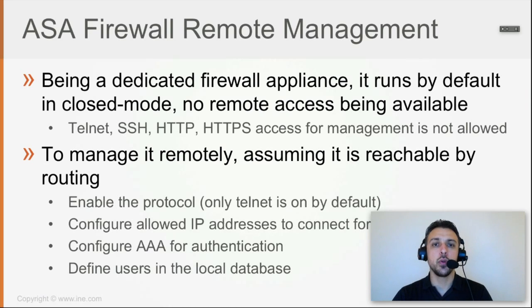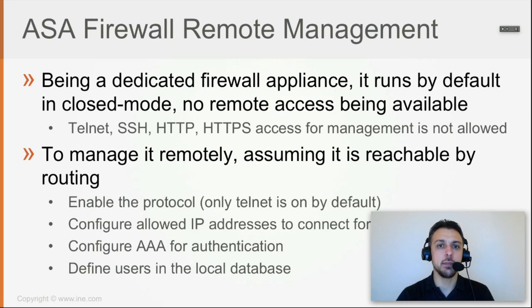Now, as you're going to see when we go to the configuration side, the ASA can be configured from both the CLI and the GUI. It has a rich feature set in the GUI. The management client to manage the ASA remotely from the GUI is called ASDM, which stands for ASA Security Device Manager. It's not a centralized platform. It's just a client that you install on a Windows PC, and then you can connect to the ASA to manage it.